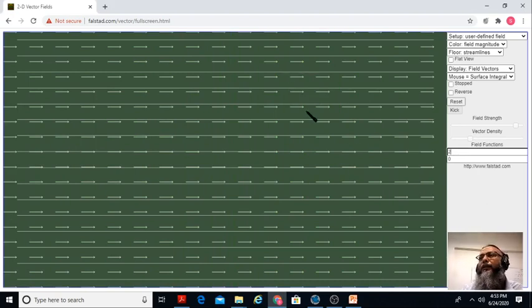So it means the flux is 0 here, neither positive nor negative. If I go to the color of the divergence, I would be getting gray. Gray means neither positive nor negative, where green is positive and red is negative. So everywhere my divergence is 0. So this is how you can see the divergence.